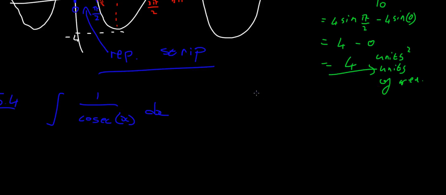Okay, 1 over cosec x is equal to what? 1 over cosec x is sine x. I believe. I just want to double check that.